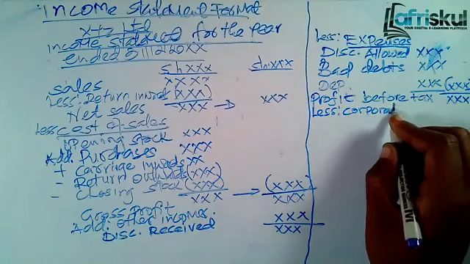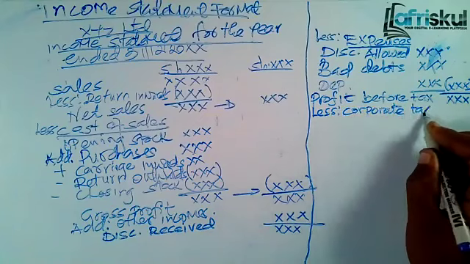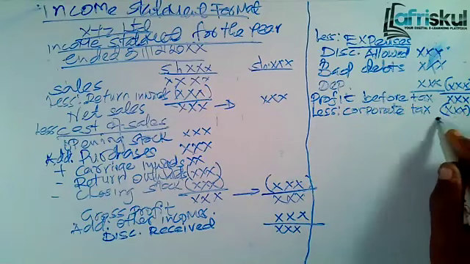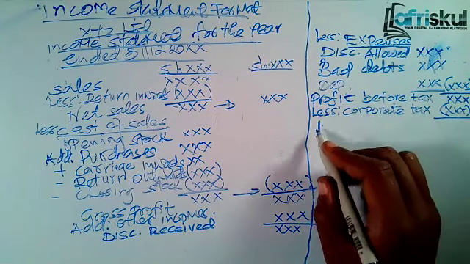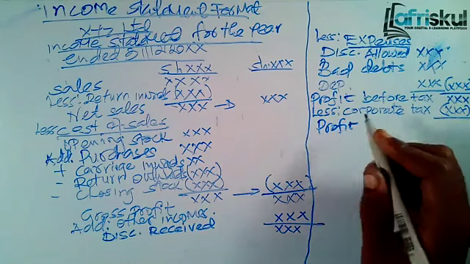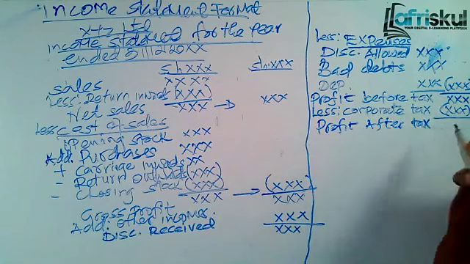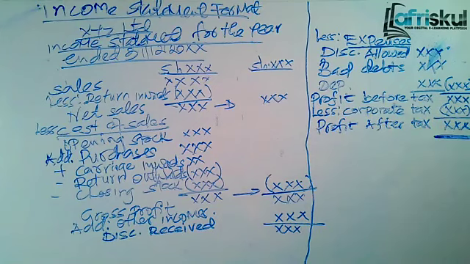The corporate tax, you will less it from there. And what you'll be able to get here is now the profit after tax. And that's how you prepare the income statement.